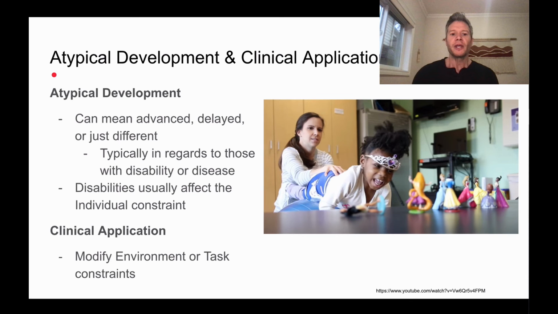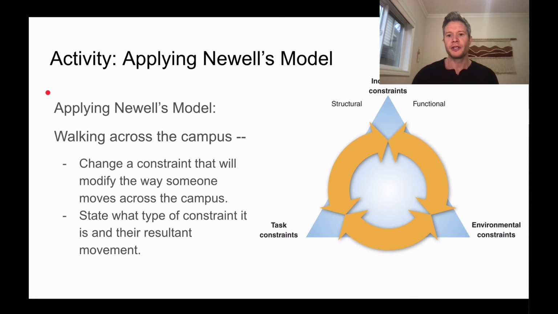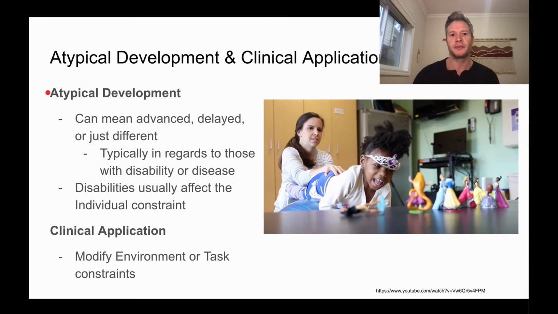Okay, and then just briefly, and we'll be returning to this at the end of the semester, atypical and clinical applications of Newell's. This is pretty much how it's done, say, in physiotherapy, but in particular pediatric physiotherapy. I've had experience in that setting.